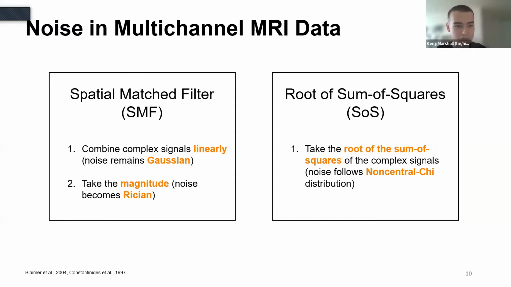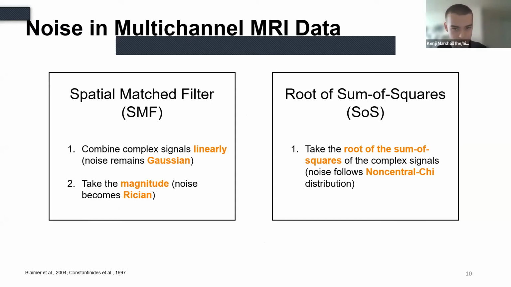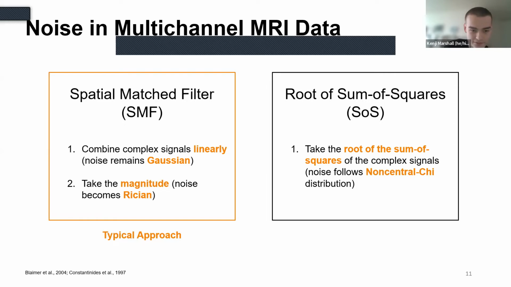The magnitude of a Gaussian is a Rician distribution, and that's what we end up with. In the root of sum of squares approach, you take the root of the sum of squares of these complex signals, and this itself is nonlinear, and this results in a non-central chi noise distribution. If you are unsure of what type of scanner you have, generally they are this spatial matched filter type of scanner, and so that's the more reliable assumption we can make.